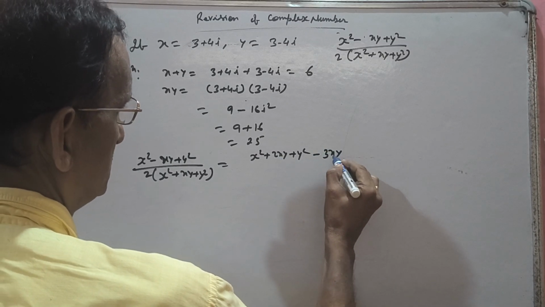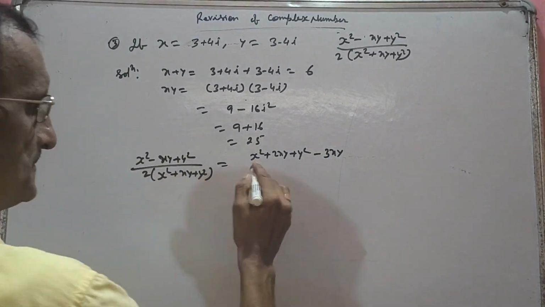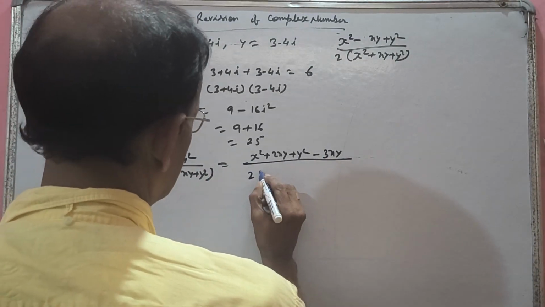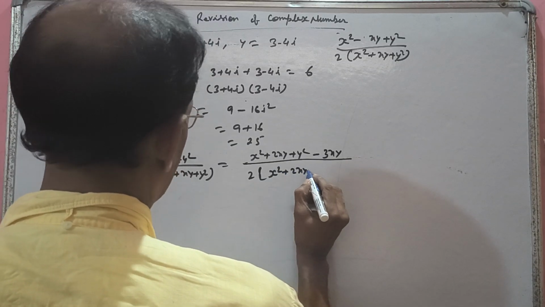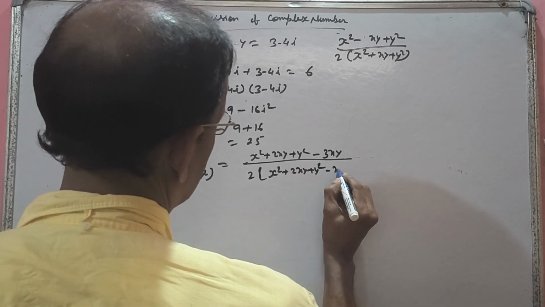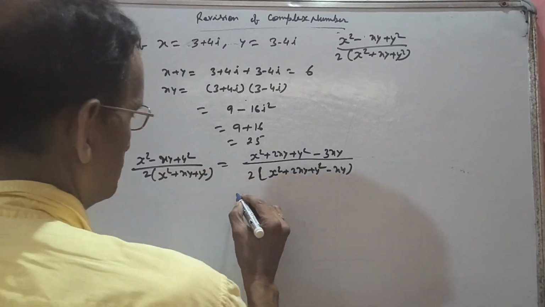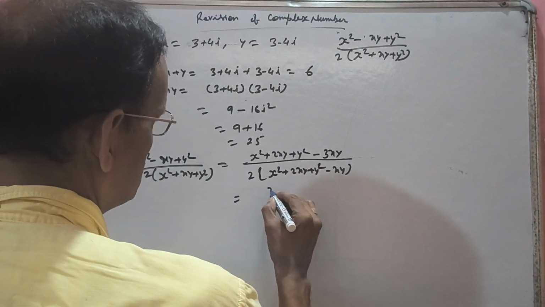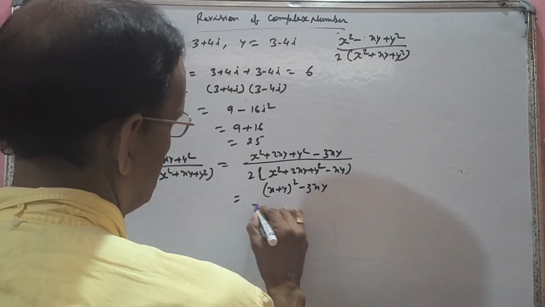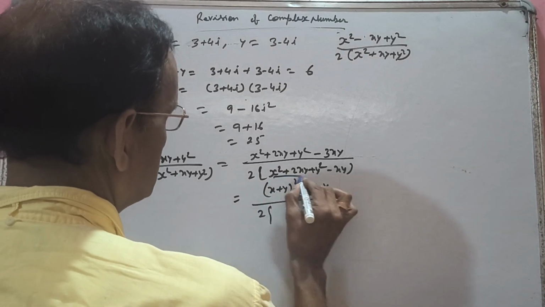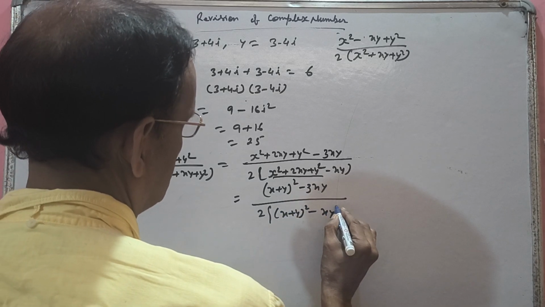Minus 3xy, because plus 2xy minus 3xy is minus xy. And by here, 2 into x square plus twice xy plus y square minus xy; twice xy minus xy is xy. This is actually x plus y whole square minus 3xy, and this is equal to again x plus y whole square minus xy.